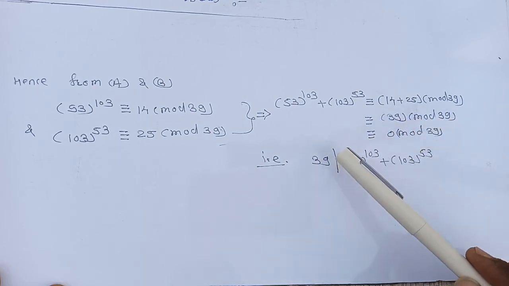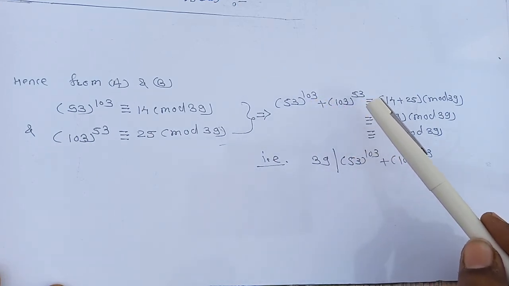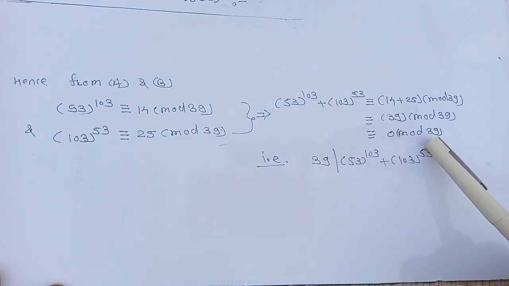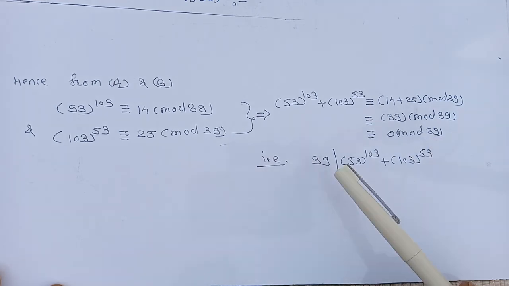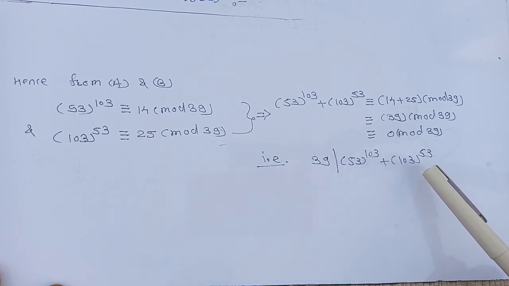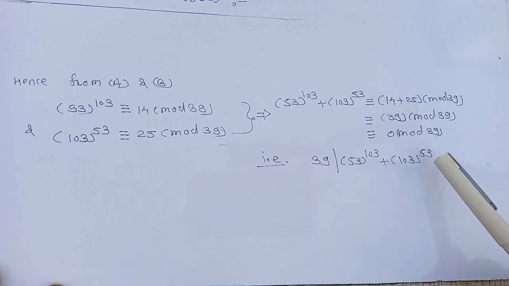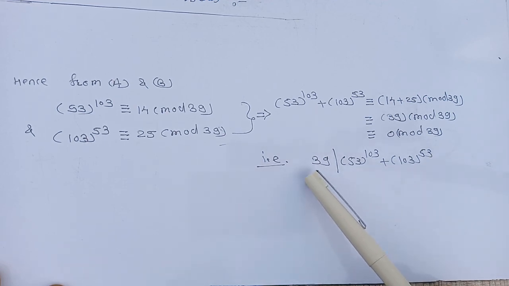So 53 raised to power 103 plus 103 raised to power 53 is congruent to 0 under modulo 39. So that means 39 divides 53 raised to power 103 plus 103 raised to power 53. That means you can say that it is divisible by 39. Hence this example is proved.